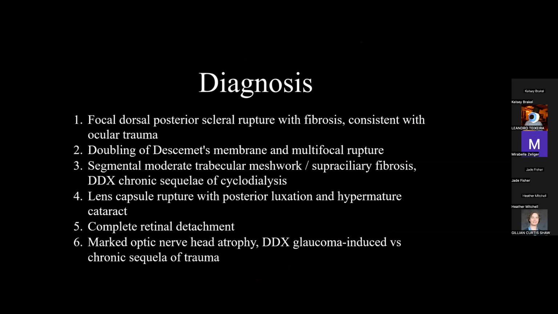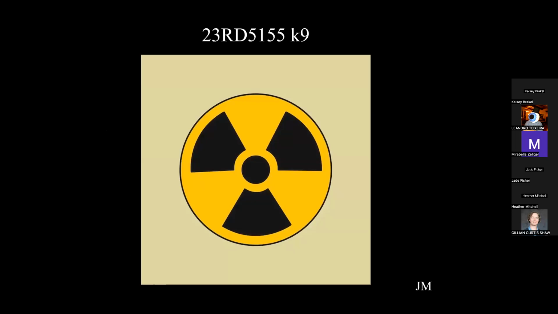I didn't show you the optic nerve head atrophy, which I suppose we could go back for that. No, never mind. We're not going to go back for that. So anyway, this long list of diagnoses associated with trauma. All right, I will hand the floor over.